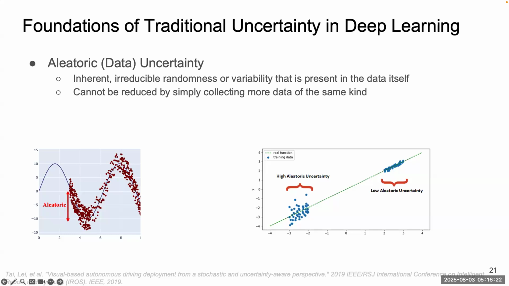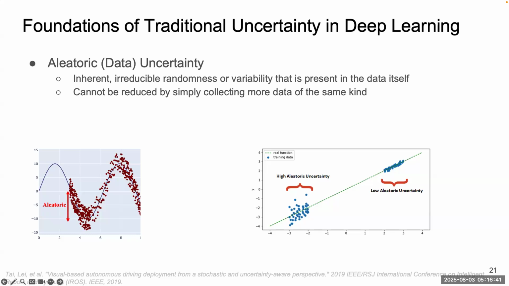So even though you have a perfect model, your data is very noisy. Given one input of the features and the prediction, the variance in your data would be considered as aleatoric uncertainty.